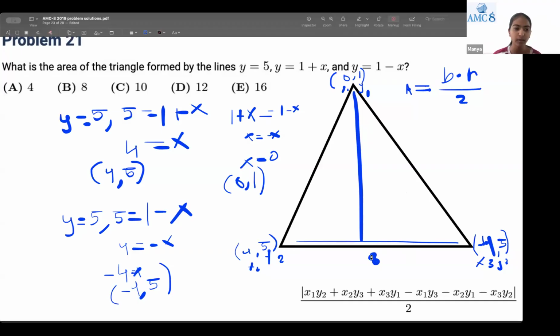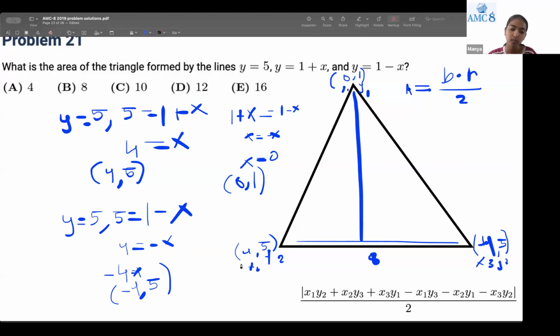And once again, we just find this out because we know that the y is equal, they both are the same value, 5. And x is equal to 4 and negative 4. So we'll have to know the distance between 4 and negative 4 on the number line. Since we found the value of the base, we'll have to know the value of the height.